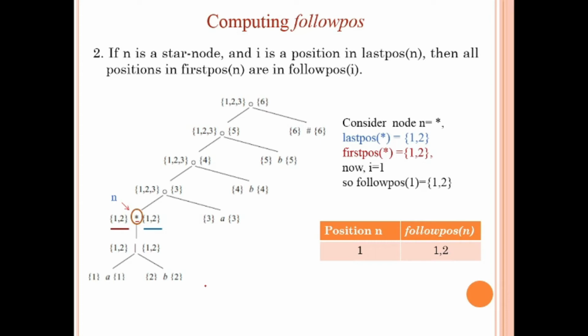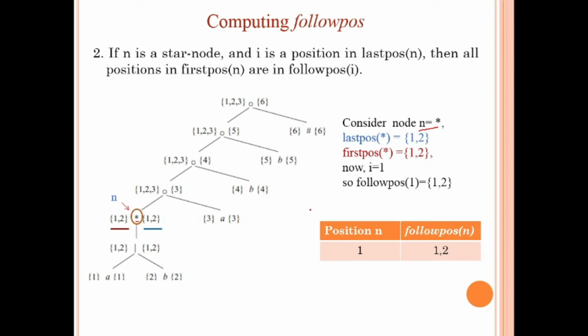Let's split this statement. We'll consider the node n is equal to star. Let's find out the last position and first position of this star node. We can easily see from this syntax tree that the last position of star is equal to 1 2, which is highlighted in blue color, and the first position of star is equal to 1 2. Now let's consider I. We have to take I from the last position.